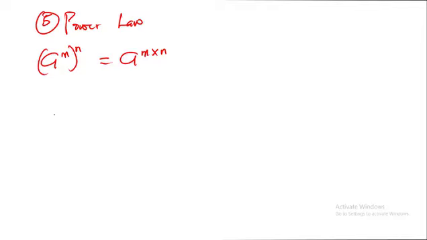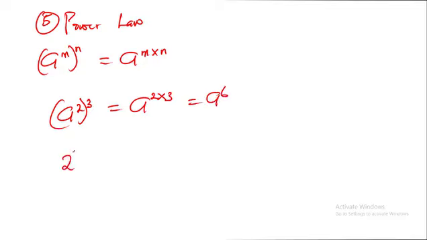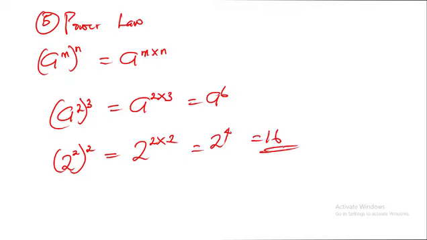So if we have a raised to power 2, then raised to power 3 again, it's equal to a raised to power 2 times 3, and that will give us a raised to power 6. If we have 2 raised to power 2, then raised to power 2 again, it's equal to 2 raised to power 2 times 2, and that will give us 2 raised to power 4, which is equal to 16.